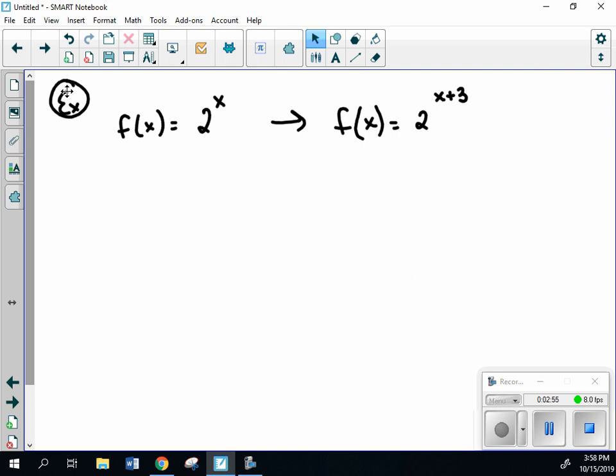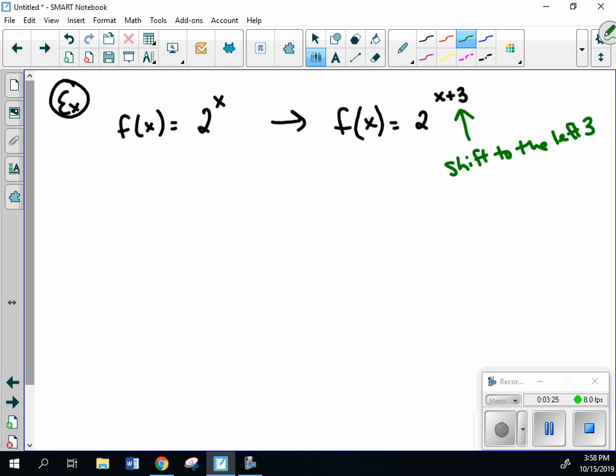Since it's with the x variable, we know that we are going to have a horizontal shift, left or right, because it's attached with that x. Remember, it's always opposite of what we see. So this plus 3 represents a shift to the left 3. If you were to have a number in front of that x variable, so say it was to the power of 2x, that is going to give us a stretch because we're multiplying.